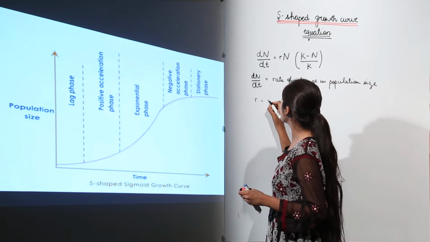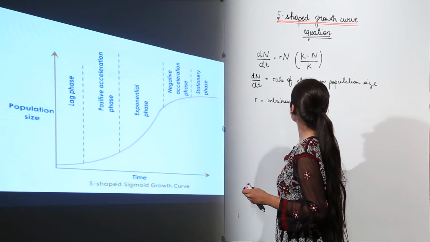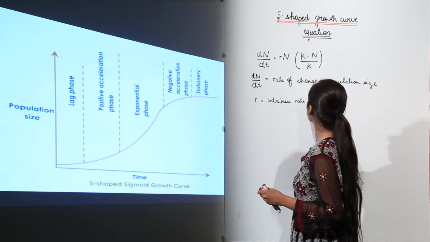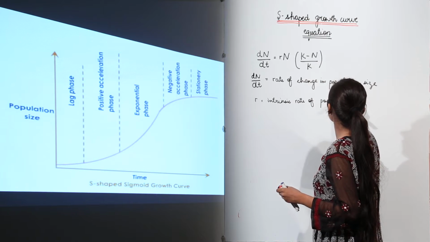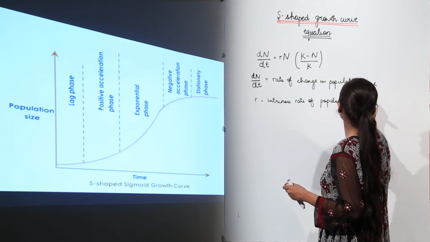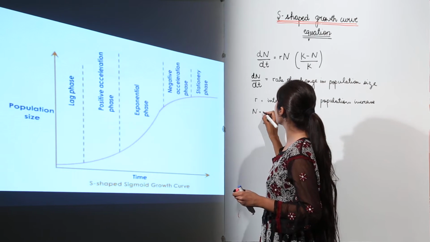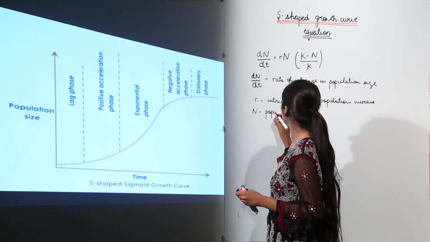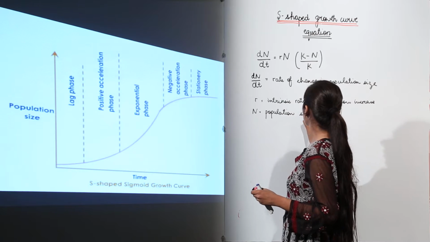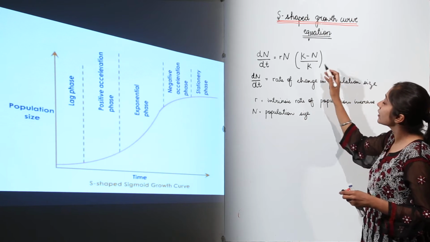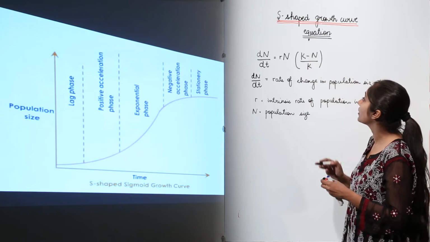R is the intrinsic rate of population increase. And this N is the population size, right? Now this equation has something very special, that is (K − N)/K.